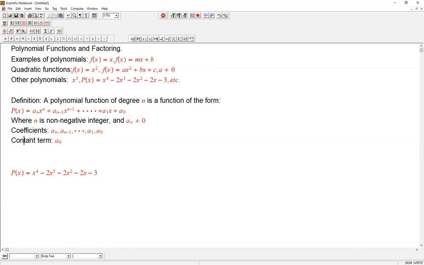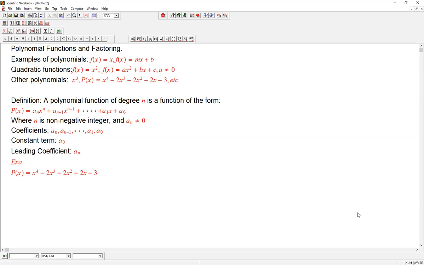So that's the constant term. And a sub n has a very special name. Its name is leading coefficient. Okay, so that's about the definition of polynomial.